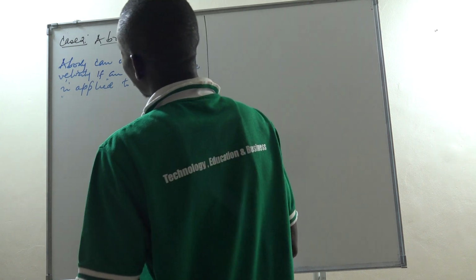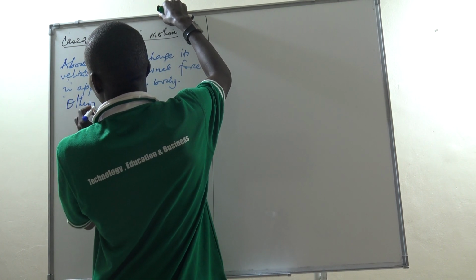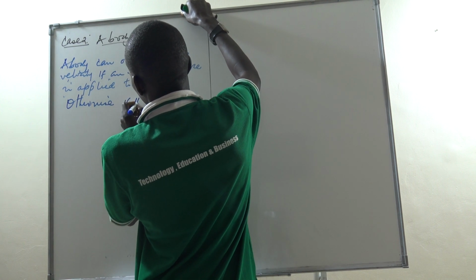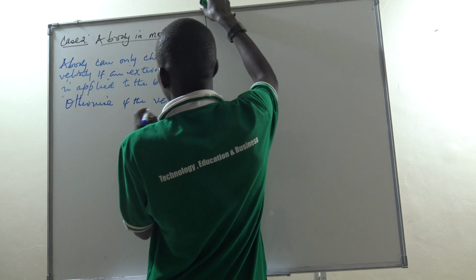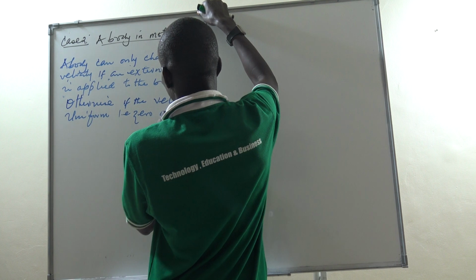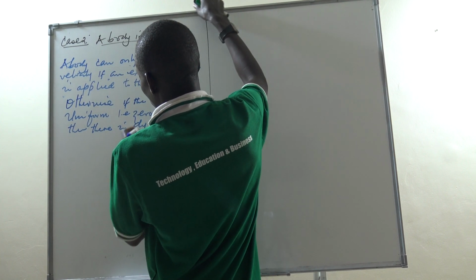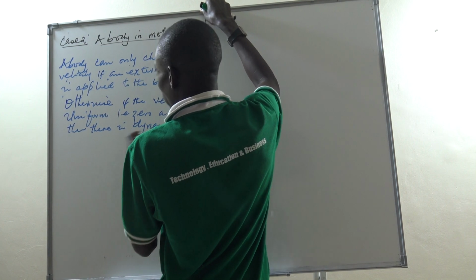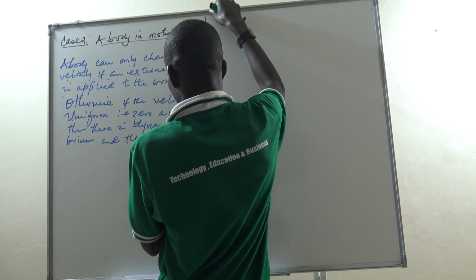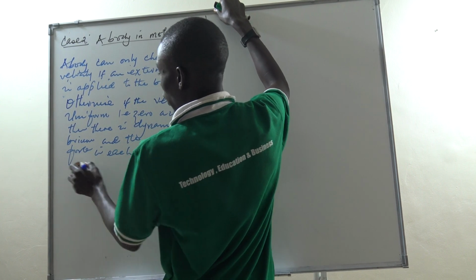Okay? So when we say a body can only change its velocity if an external force is applied on it, then I can say otherwise, if the velocity is uniform, i.e. zero acceleration, then there is dynamic equilibrium, and the resultant force in each direction is 0.